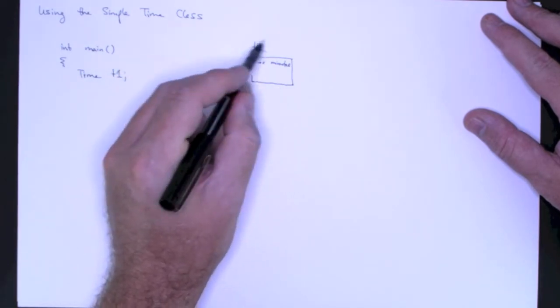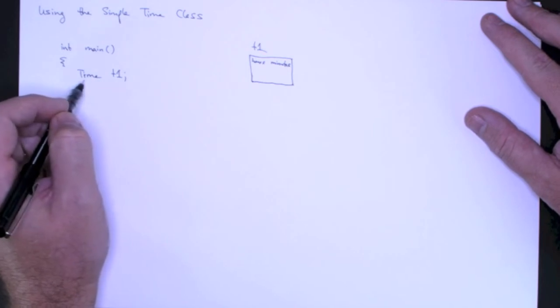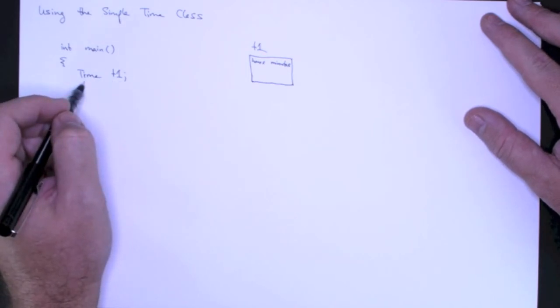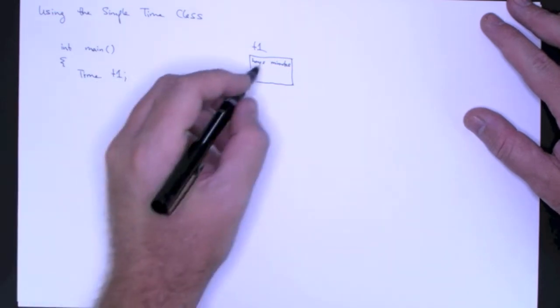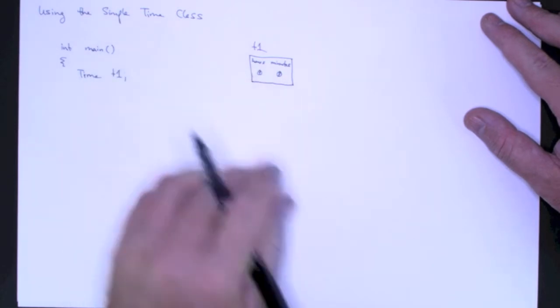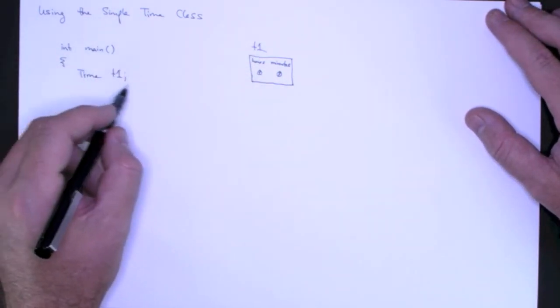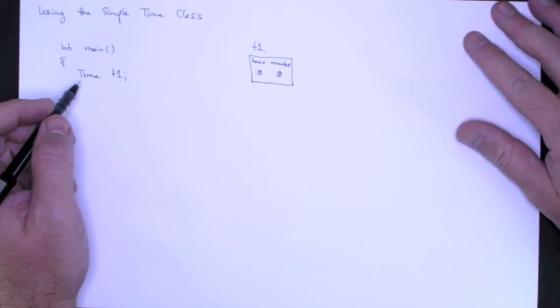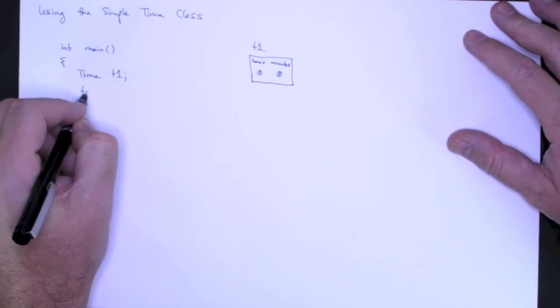So as soon as it allocates memory for this object, it then executes the default constructor. And as you know, the default constructor assigns hours to 0 and minutes to 0. And so now we have a constructed or initialized time object. And now at this point I can call its methods and I can use it.